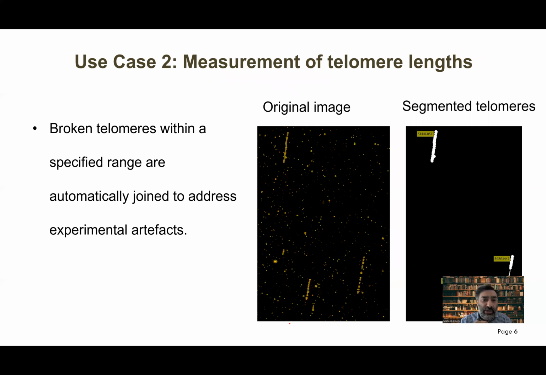In the second use case scenario, again working at the Children's Medical Research Institute, we were looking at the length of the telomeres, because the length of these telomeres, the DNA end part, also tells you how long you're going to live, when you're going to age. The longer the telomeres, hopefully the longer you're going to live and the less chance of getting diseases.